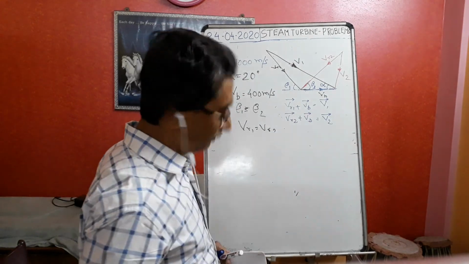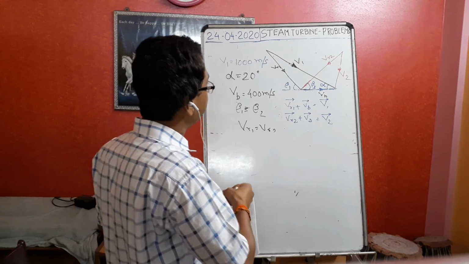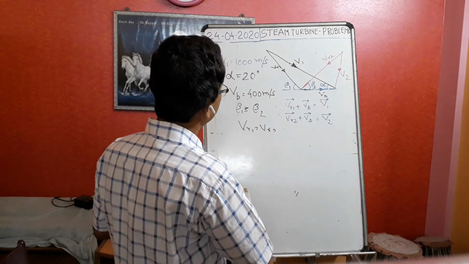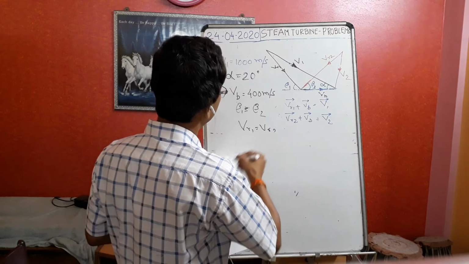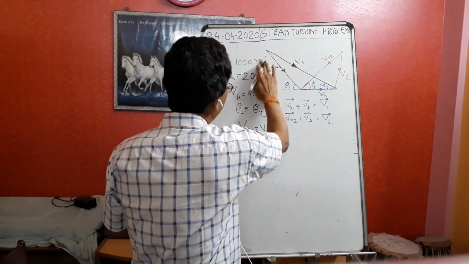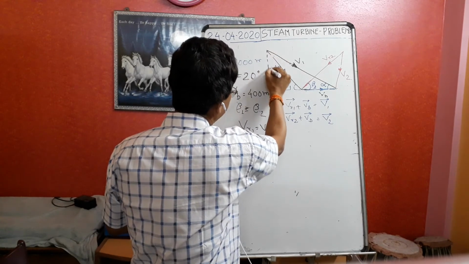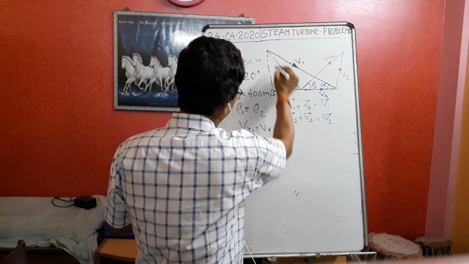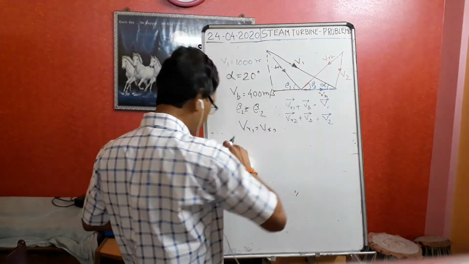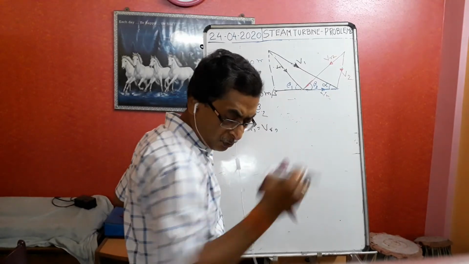Now, analytically, we have to find out beta 1 and beta 2. How will we find beta 1 and beta 2? If I take this triangle, I am erasing these, they are not required now.